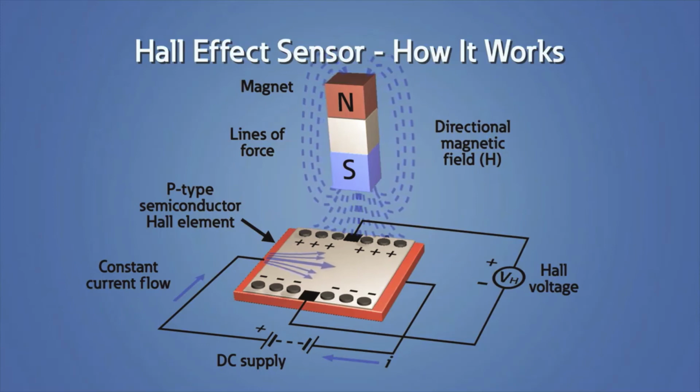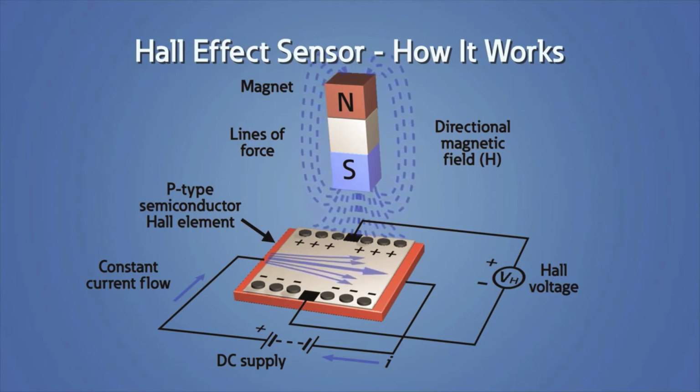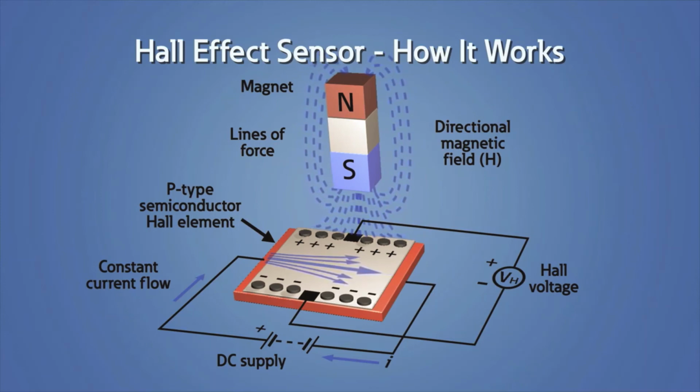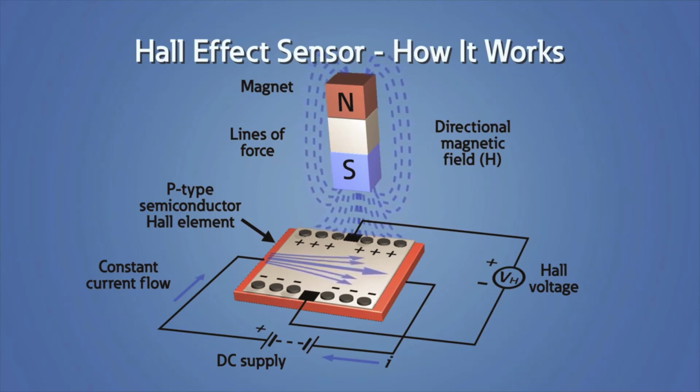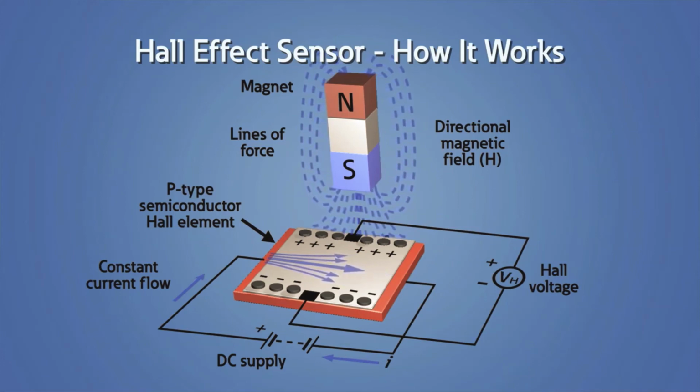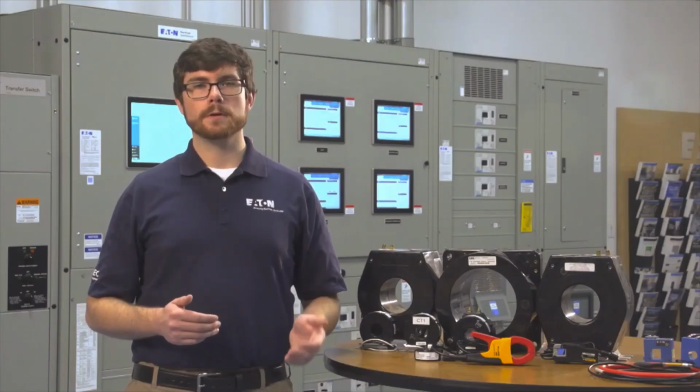Hall effect sensors require an additional DC supply to produce a constant current flow in a semiconductor, creating a constant magnetic field. When another magnetic field interacts with the Hall effect field, it produces a change in current of the semiconductor and the sensor detects it. The strength of the detected field is proportional to the amount of current.